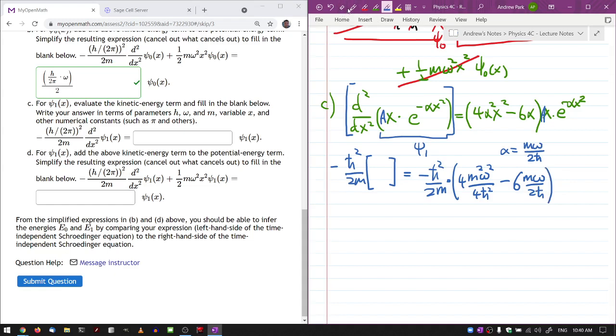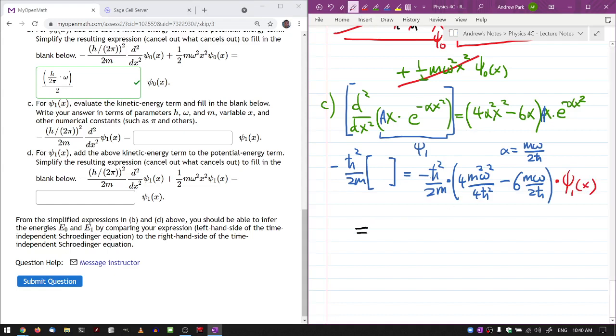Wait, I said I would distribute and then didn't. Let me actually do it this way. I haven't distributed it yet, and this whole thing multiplies psi 1. So far, so good. And in the next line, I'm going to distribute.